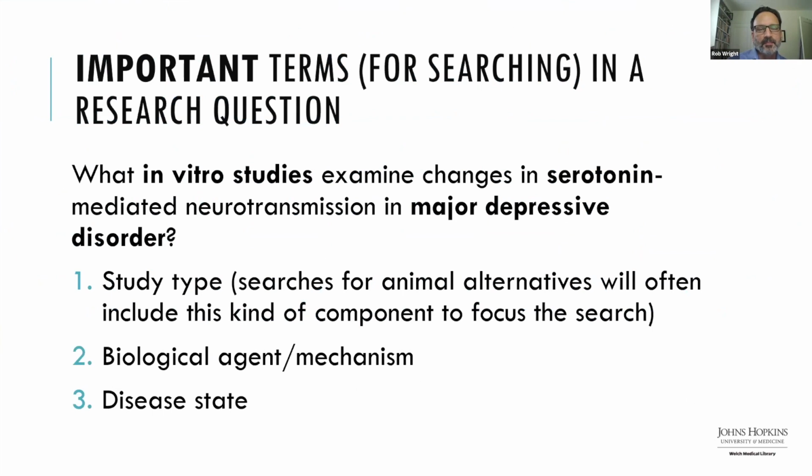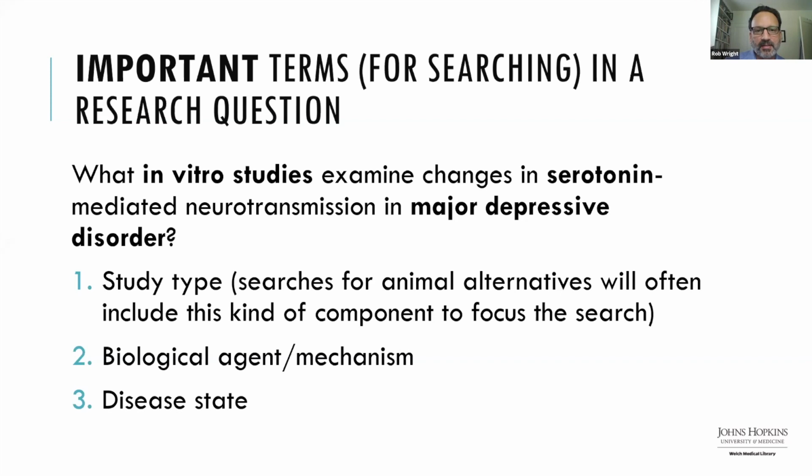So this slide is highlighting what I'm calling important terms for searching in a research question. What's critical to this whole process is to have a clearly articulated research question. And what I have here is the question we'll be working with today.